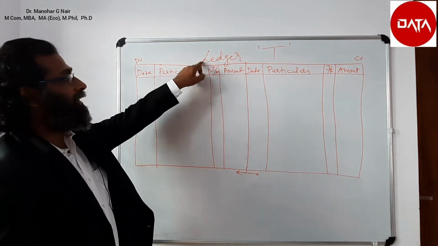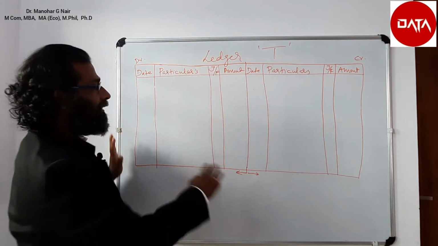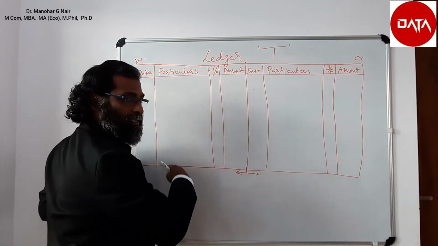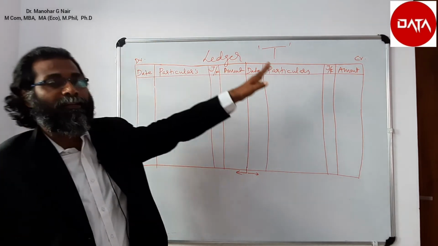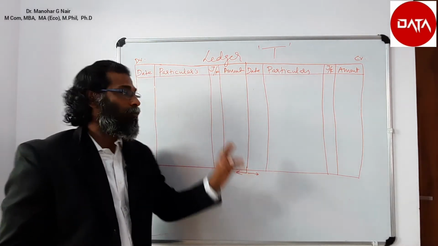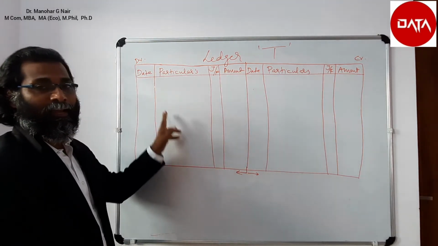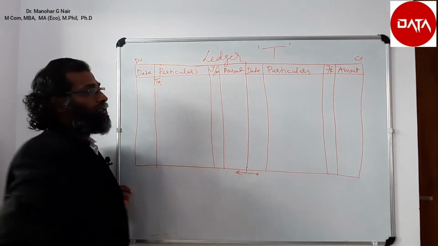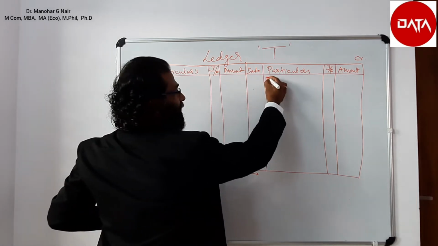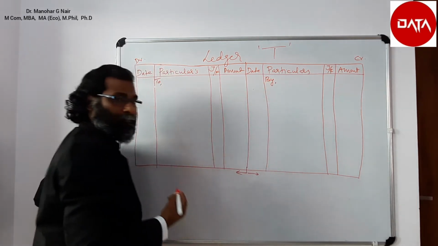It will have the name of the account, and it will have two sides. Both sides are the same. The left hand side is the debit side and the right hand side is the credit side. While writing an item on the left hand side, we normally write it with 'To'. And while writing on the credit side, the right hand side, we start with 'By'.